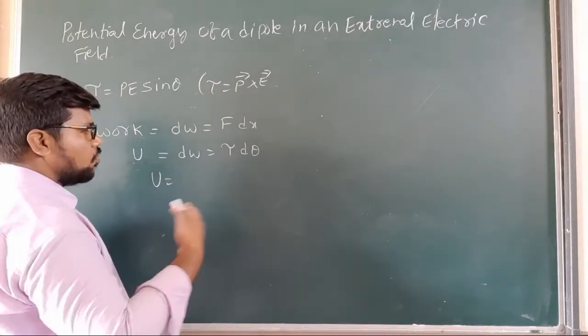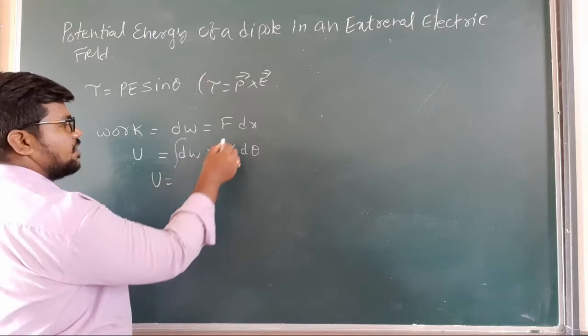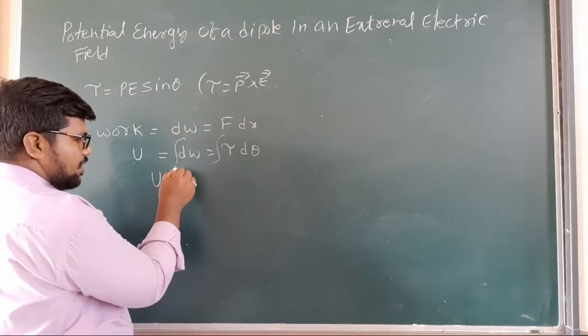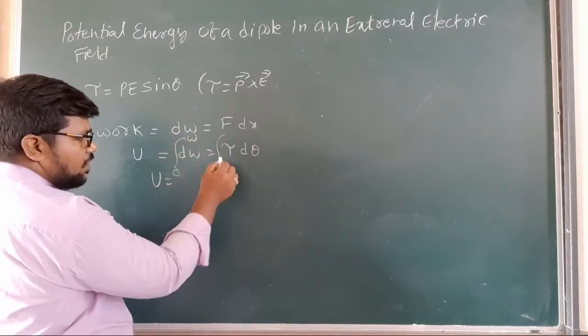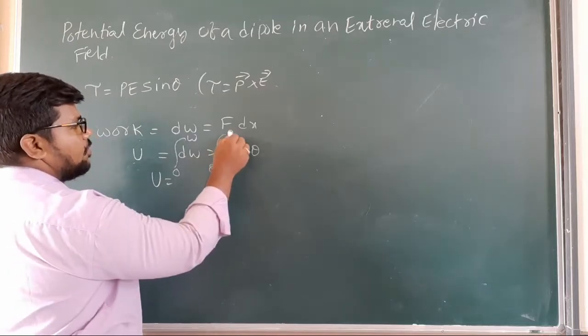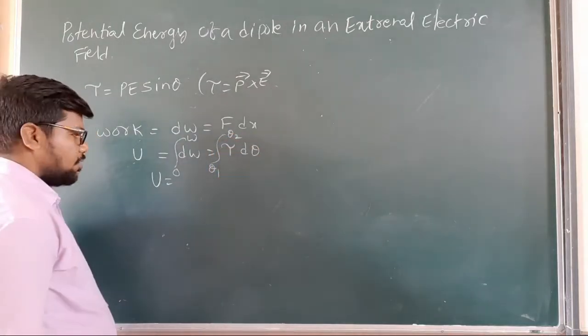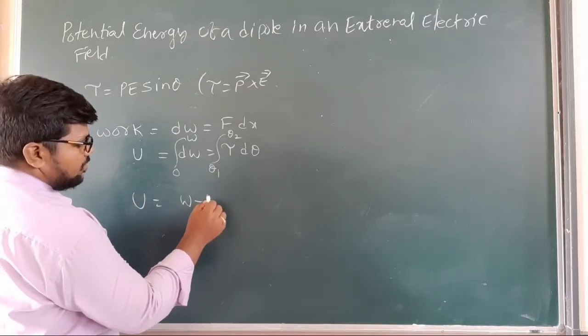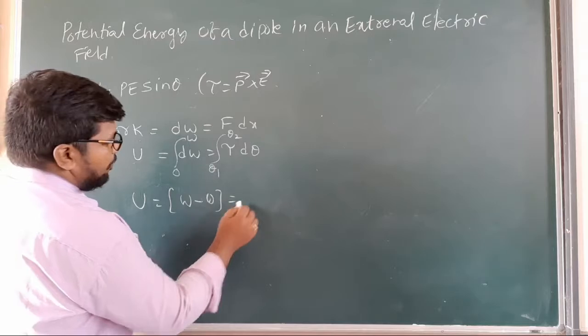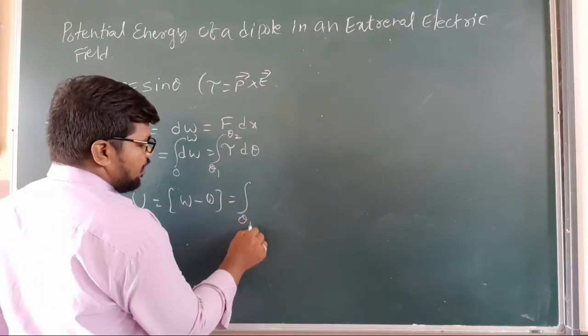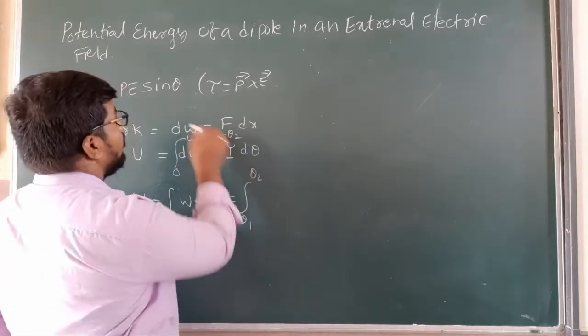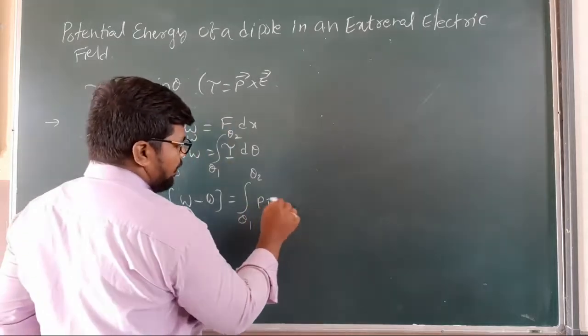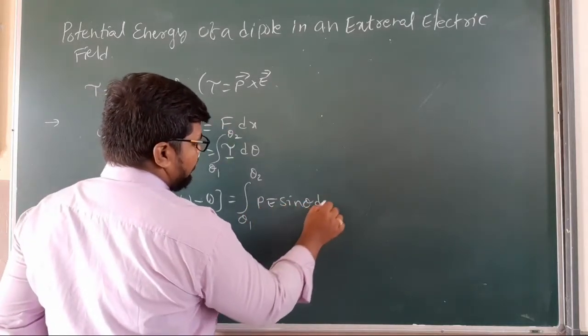How can we get the total work done? By integrating. Integrating theta 1 to theta 2, U is equal to W minus 0, which is the integral from theta 1 to theta 2 of tau, that is, P E sin theta d theta.